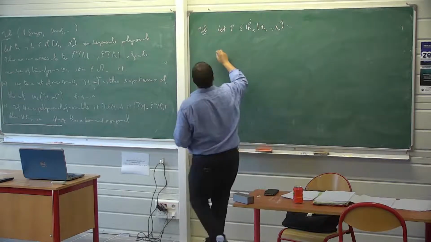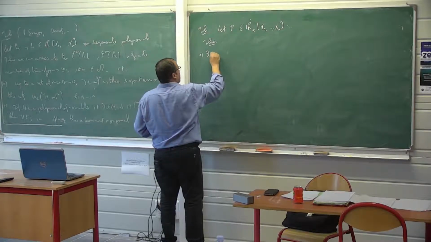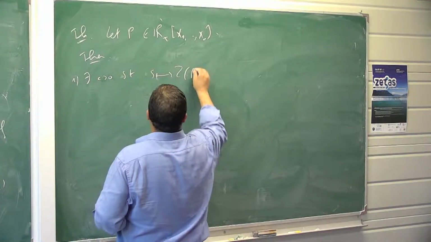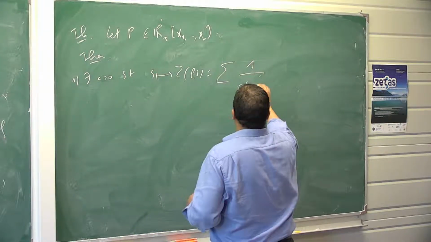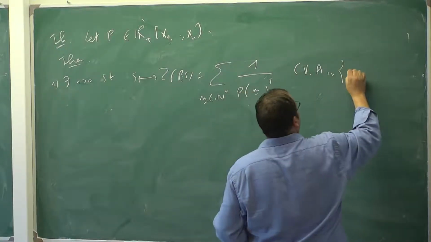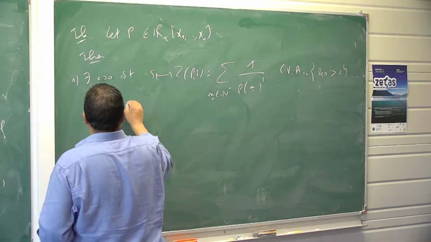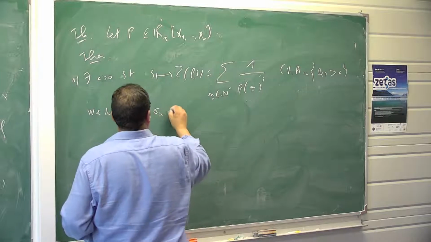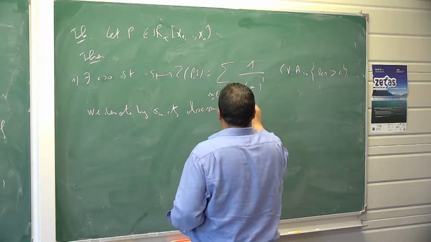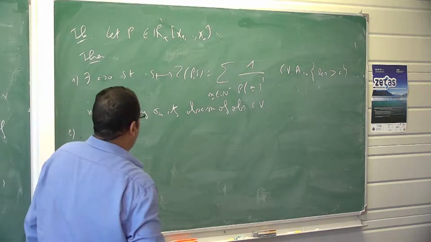Then there exists some C positive such that the Dirichlet series converges absolutely in the half plane real part of s bigger than C. We denote by sigma_a its abscissa of absolute convergence.